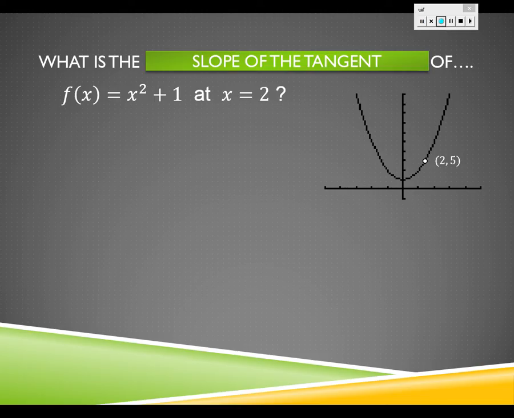I'm doing this in general with just the x plugged in, not with the 2 plugged in. At any time, we can plug 2 in and come back to the real world if we want. But it's kind of fun to just do this with an x. And you tell me why this is going to be a powerful thing to have if we do it with an x in there.